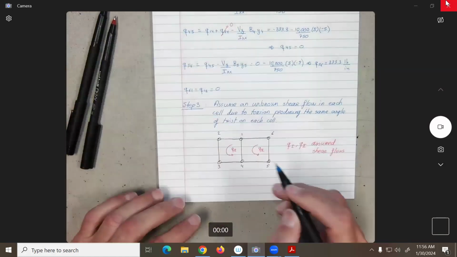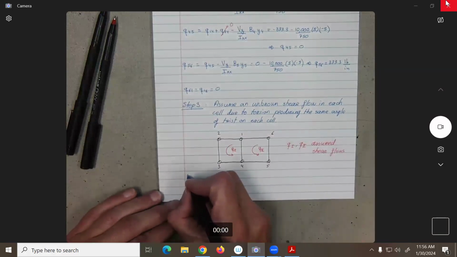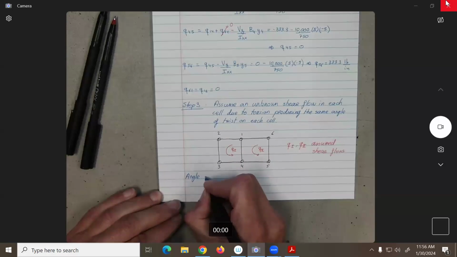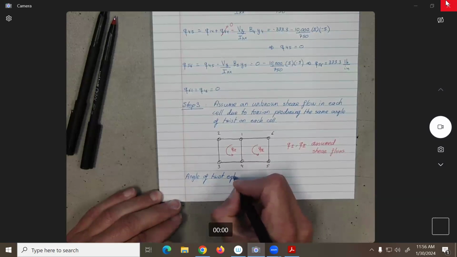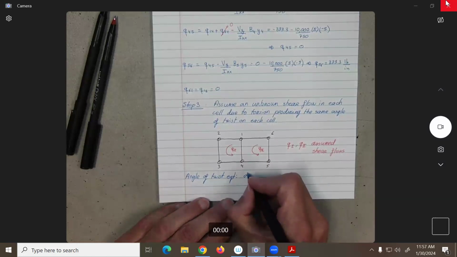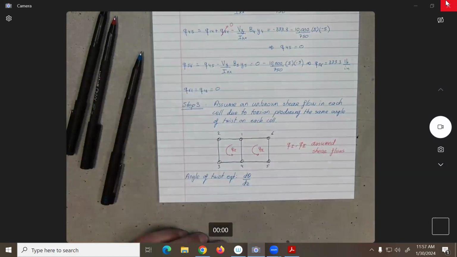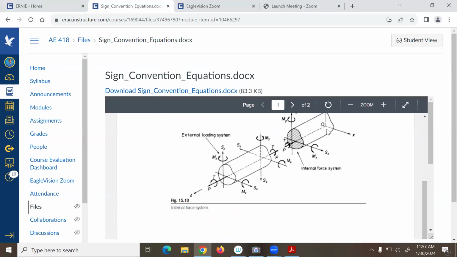Okay, and then I'm going to give you the equation for the angle of twist that maybe you might remember or not. Here I call that d theta over dc because I don't know if I still have it active or not, but if you look at the sign conventions that we defined over here on this figure, what is the coordinate system that goes along the length of the member?